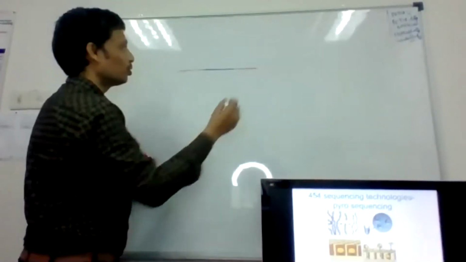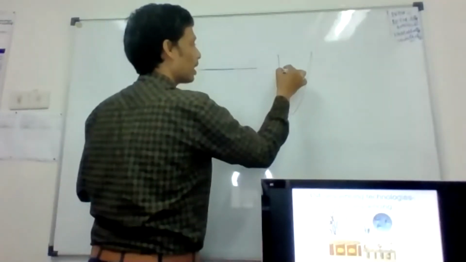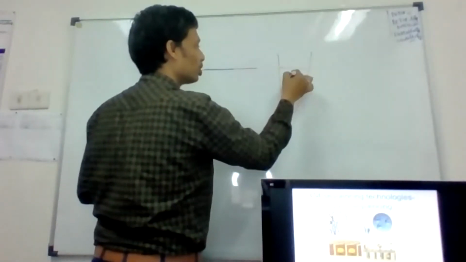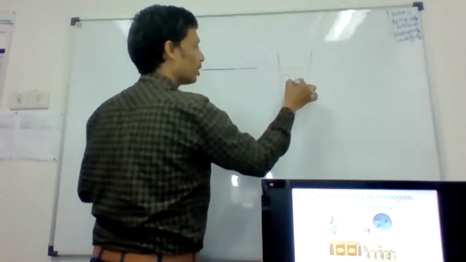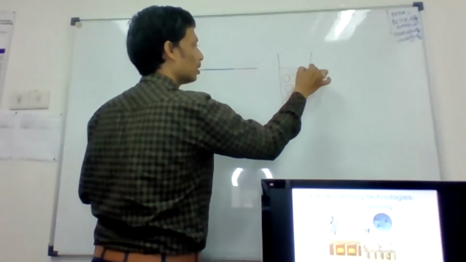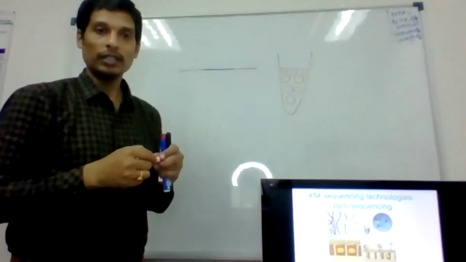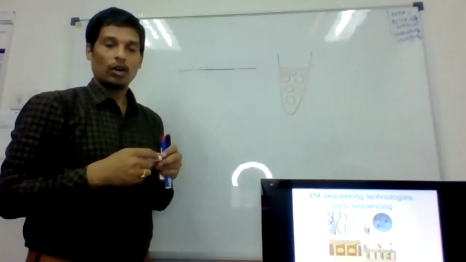We are going to use a PCR tube which has an emulsified solution. You know the emulsion, right? It has oil droplets, so it has two phases, an aqueous phase and an organic phase.